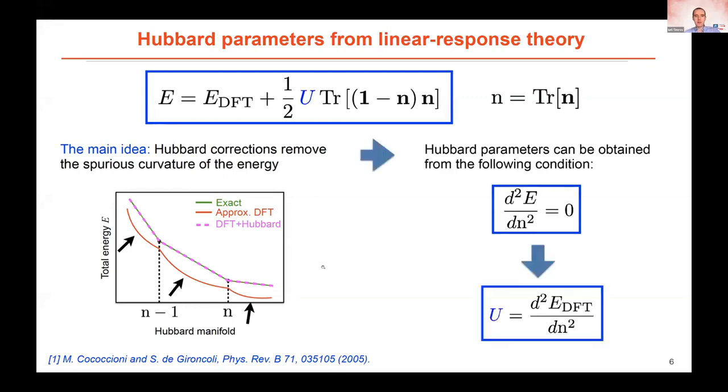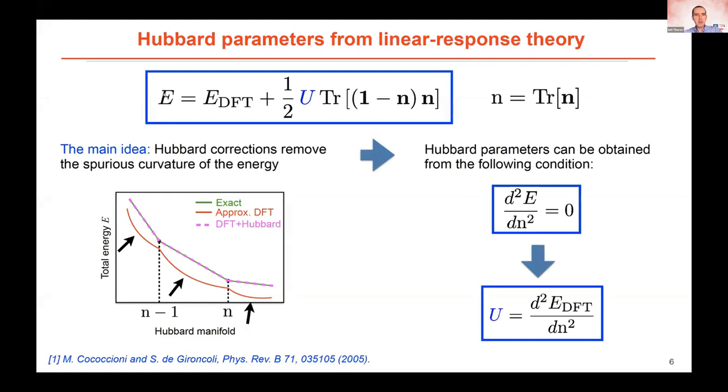And how do we compute the curvature? It's simply the second derivative of the total energy with respect to the number of electrons in the Hubbard manifold. If the second derivative equals 0, the curvature is 0, no curvature, it's a straight line. So from this condition, we can actually obtain the expression for the Hubbard U parameter.